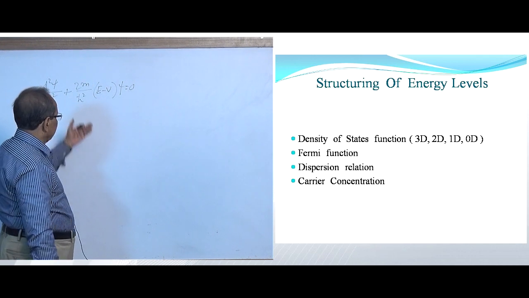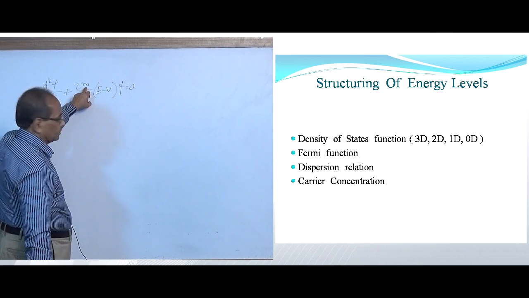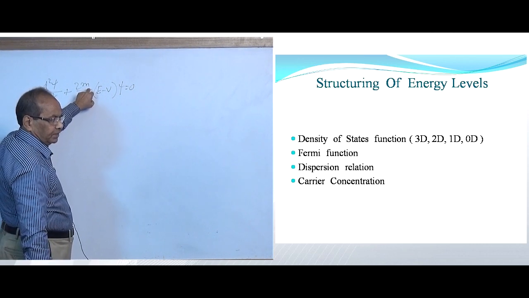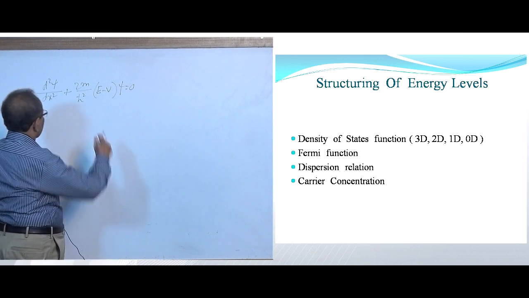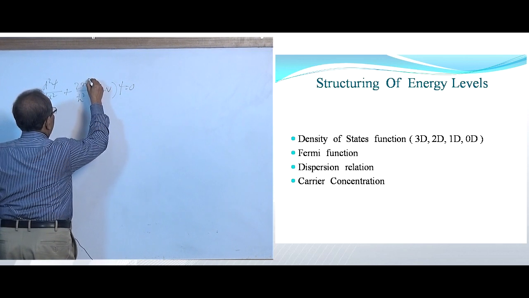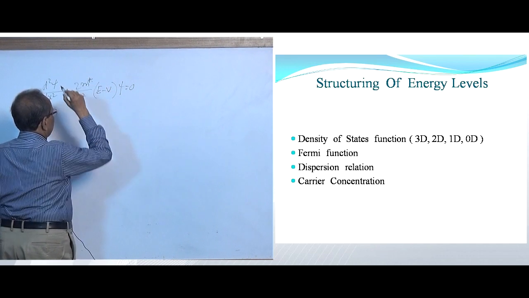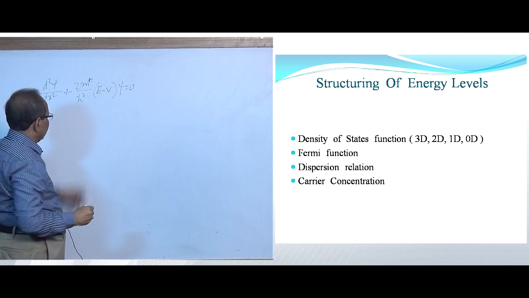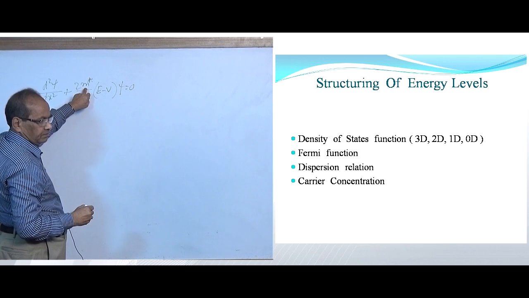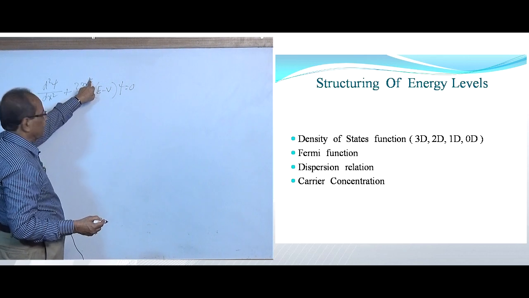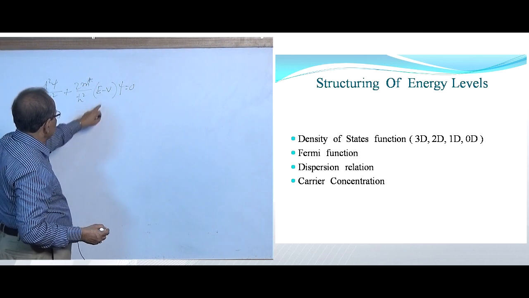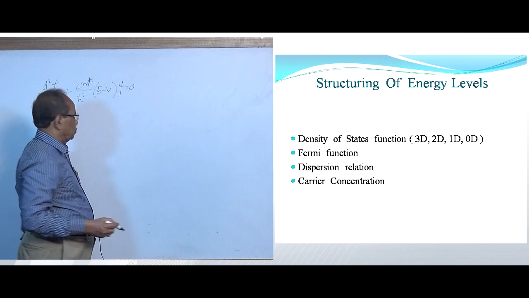If we take electron as the carrier, then m is actually the effective mass. So, in order to let you understand effective mass, I am giving a star symbol, 2m*, where m* is the effective mass of the electron. If you take the holes, then it is the effective mass of the holes. E is the total energy, V is the potential.